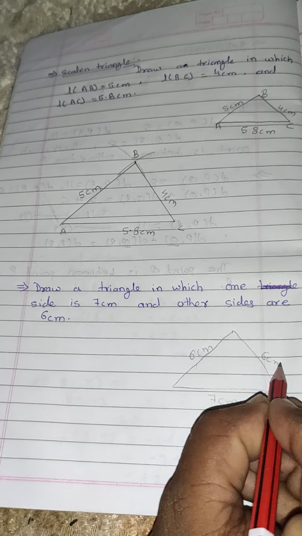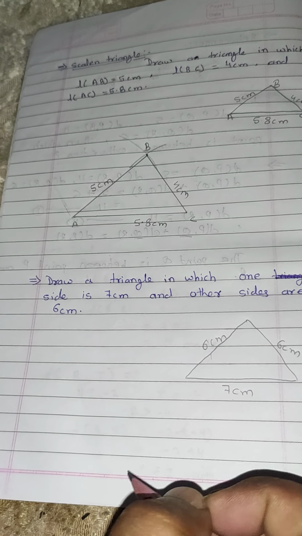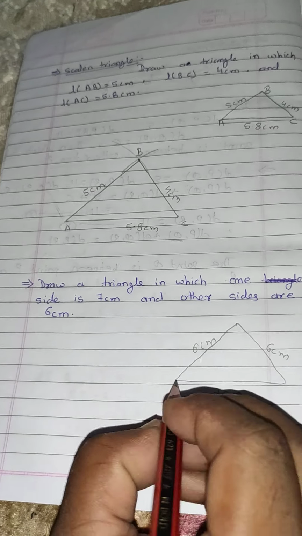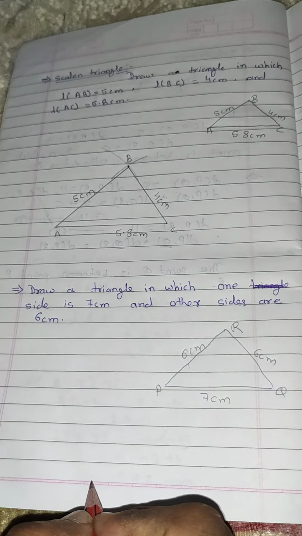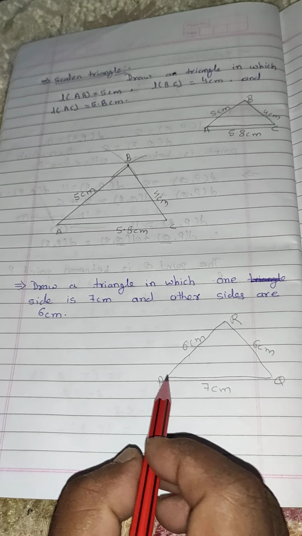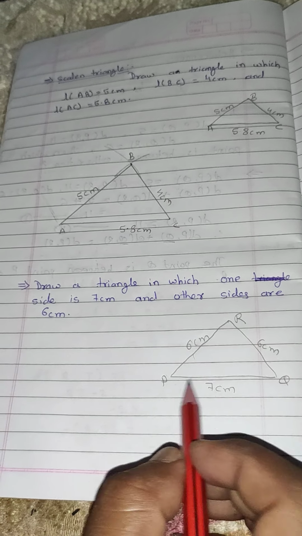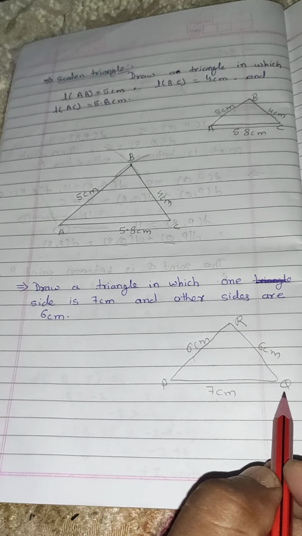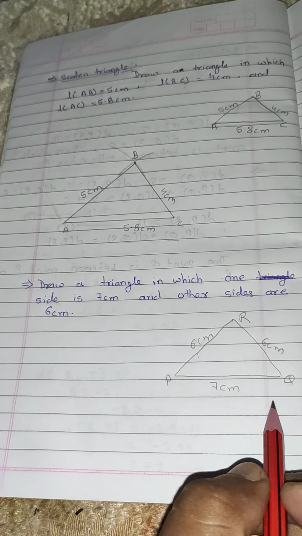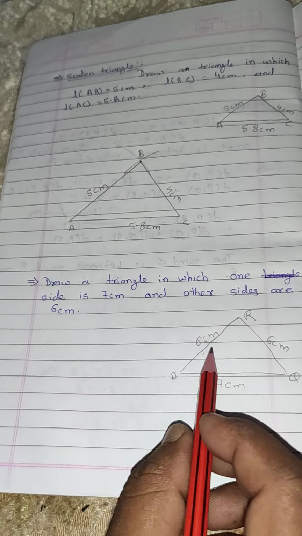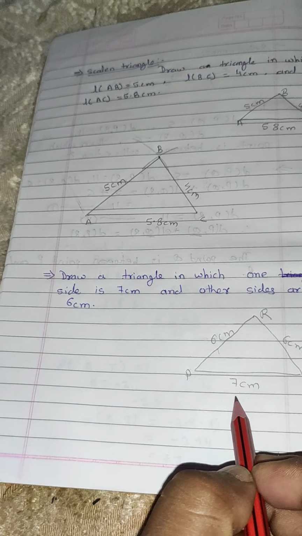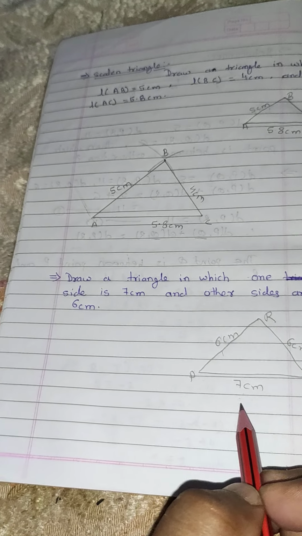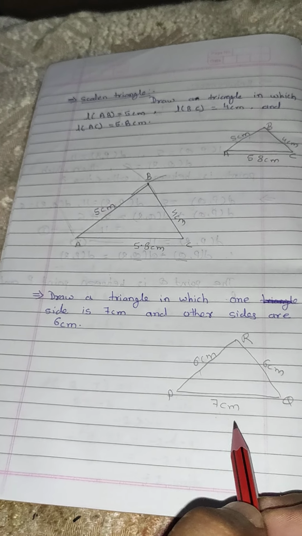In this question no name is given, so you can give any name, like I am giving P, Q and R, so it becomes triangle PQR. PQ is 7, PR is 6 and QR is also 6. PR and QR are both 6 and one is different. That means this is the isosceles triangle.